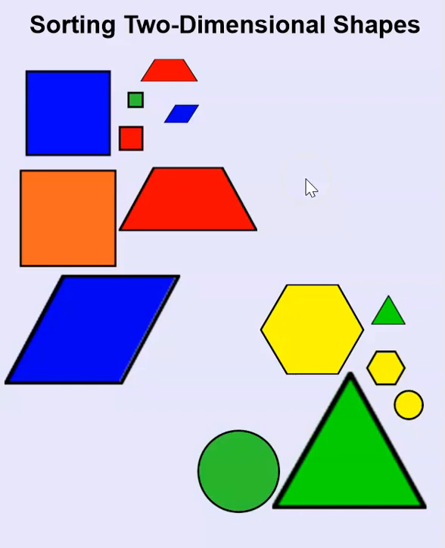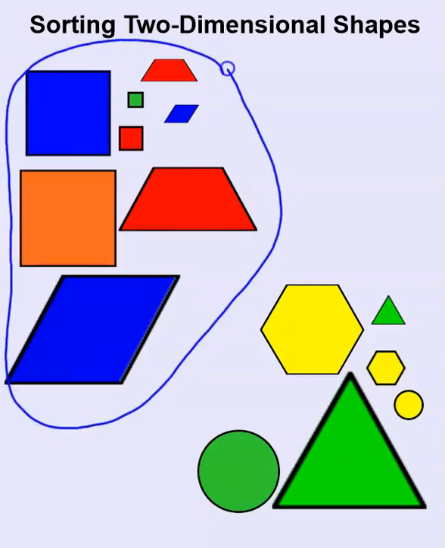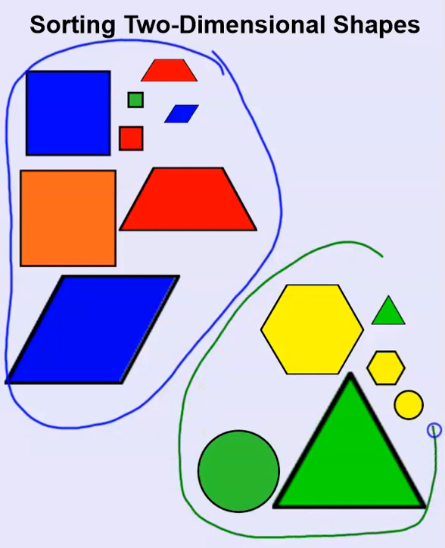So I'm going to put a circle around them. And I'm going to put a circle around this group. So I've grouped these 2D shapes in two ways.